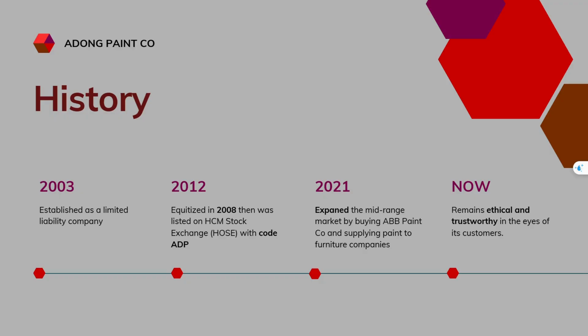And the next, in 2021, it expanded into the mid-range market by buying ABB Paint Co and supplying paint to furniture companies. So coming to now, it remains ethical and trustworthy in the eyes of its customers.